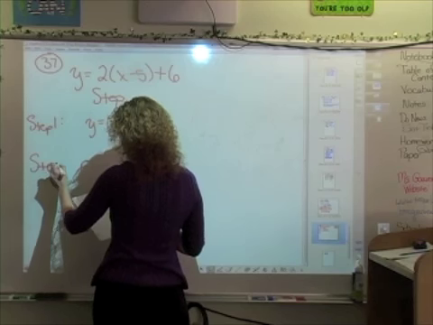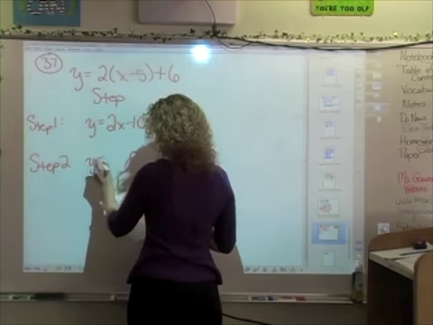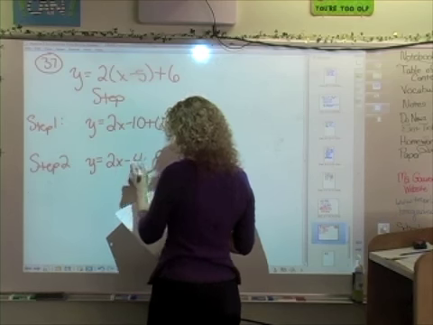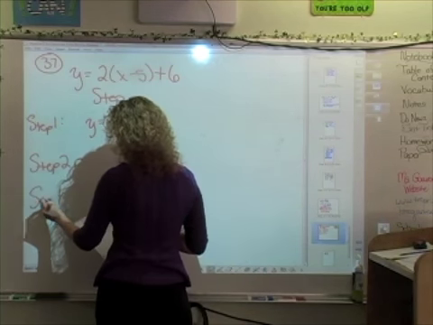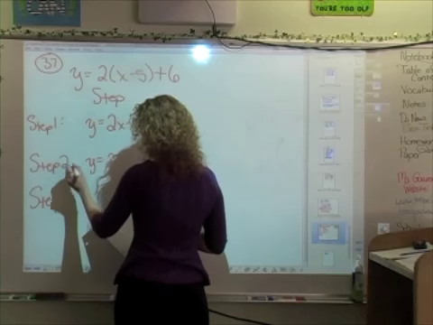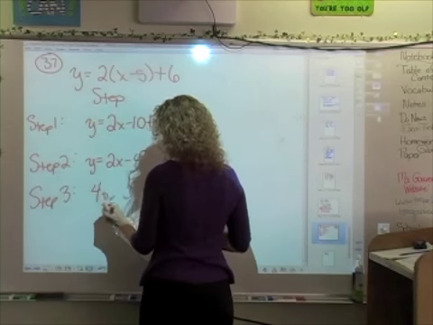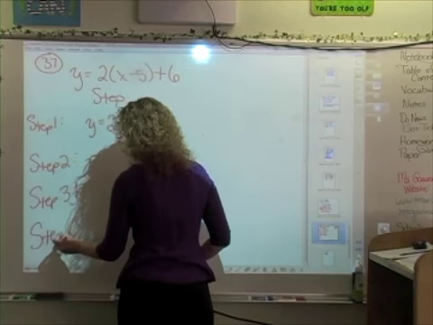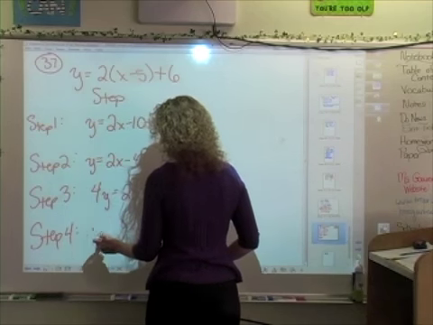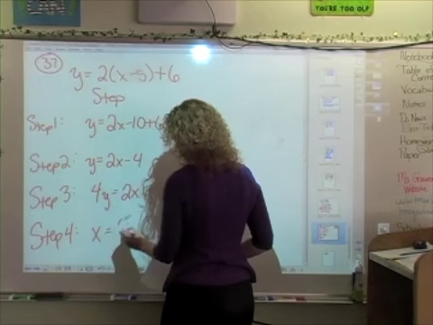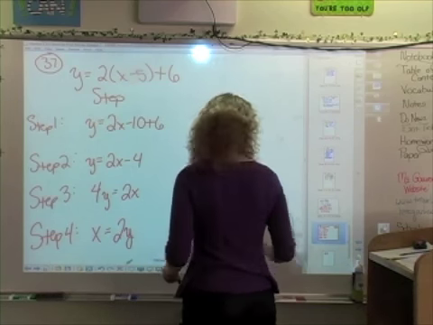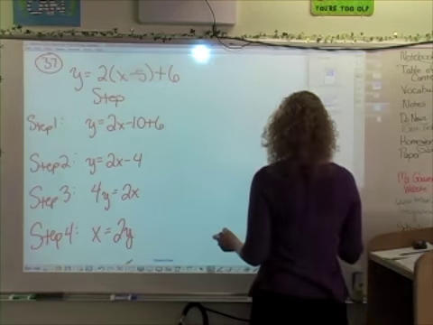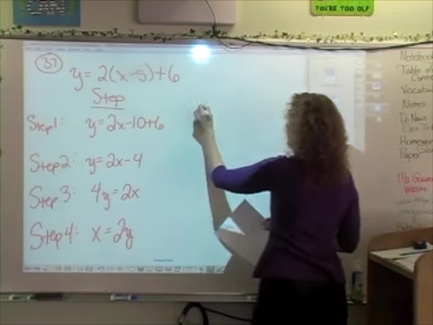Step 2, y equals 2x minus 4. Step 3, 4y equals 2x. Step 4, x equals 2y. All right, so that's the step, and it's the reasoning or correction.